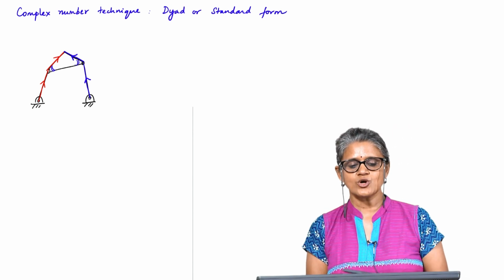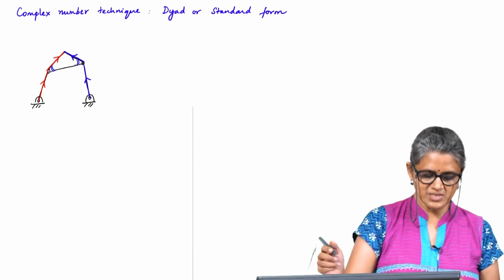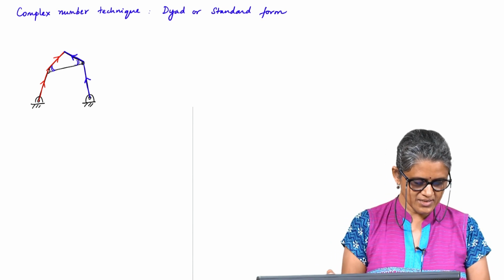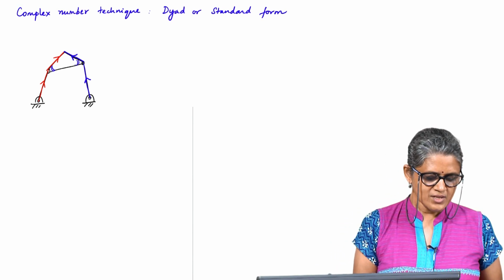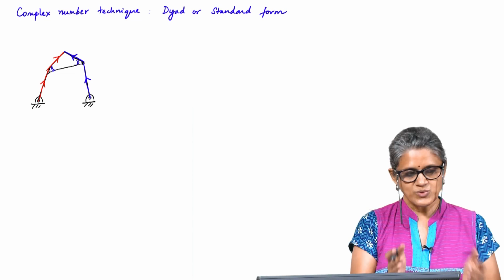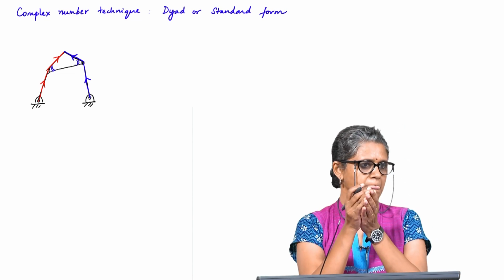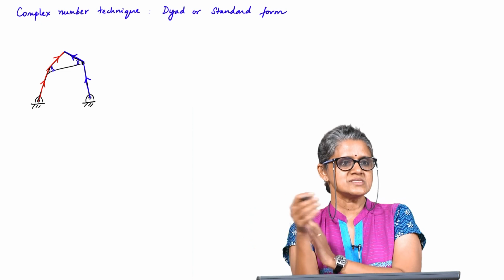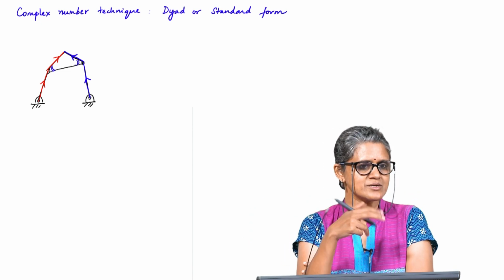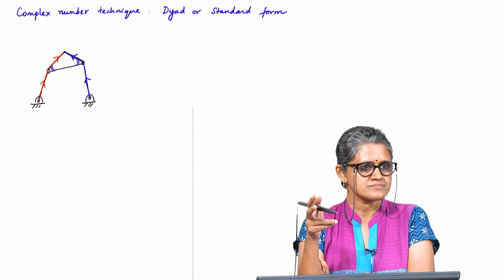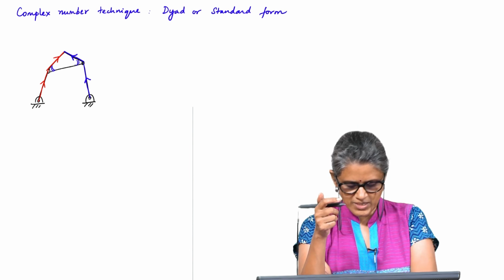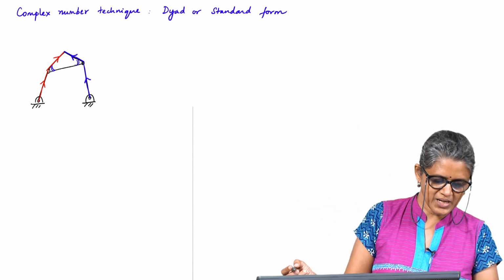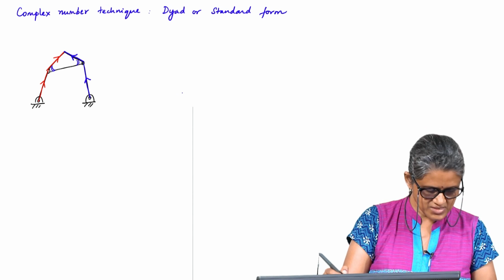So, this is sort of what we will use to develop this dyad or standard form. So, basically this says that you can synthesize a 4 bar in terms of these dyads. A dyad is basically 2 links. Okay. So, what we will do is basically synthesize this 4 bar in terms of these 2 links.